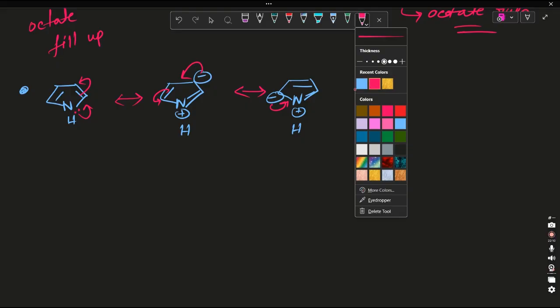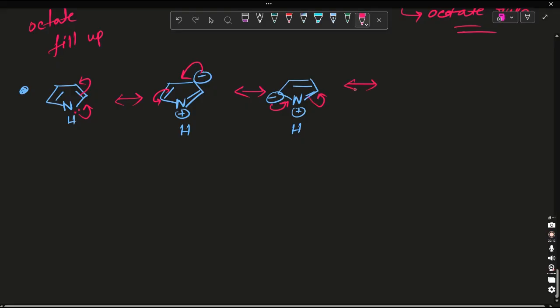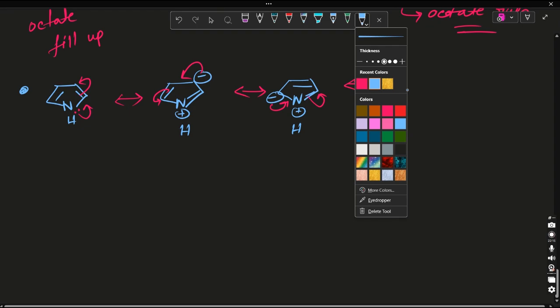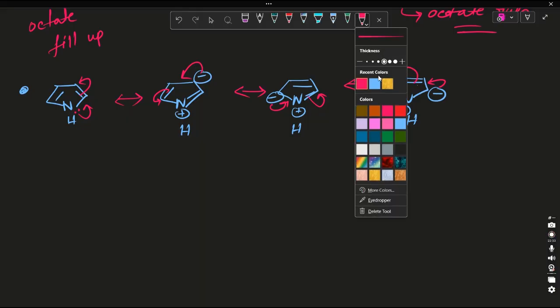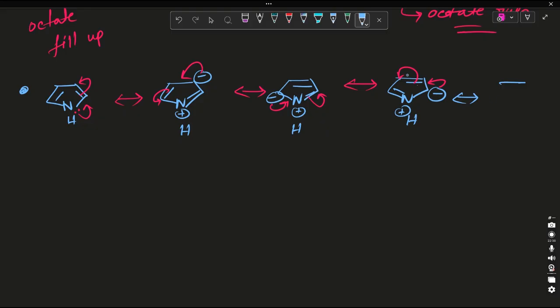Now we get the structure. This is the structure. Then further conjugation. Now again further conjugation and here we get the original structure, the neutral structure.